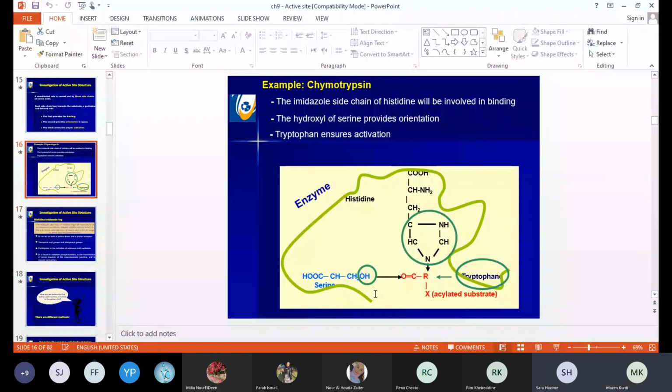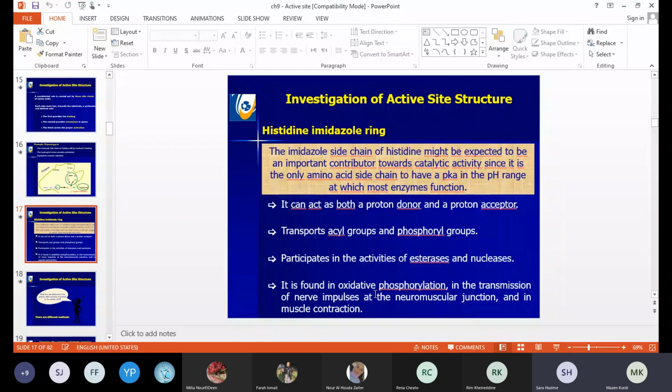One amino acid which is very important in the active site: if we are now looking for amino acids involved in the active site of a protein, one of the amino acids that you always have to look into, if you have any doubt about its presence in the active site, is the imidazole ring of histidine.